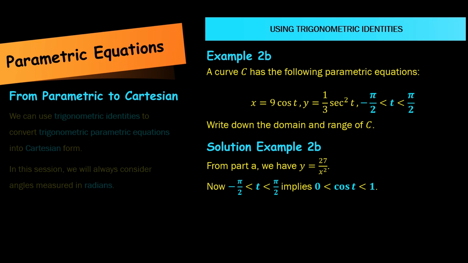And given the range of values of t, we have that cos t is between 0 and 1. So since x equals 9 cos t, we have that x is between 0 and 9.